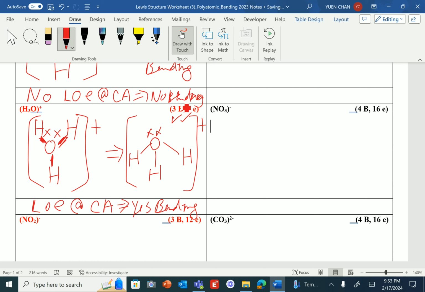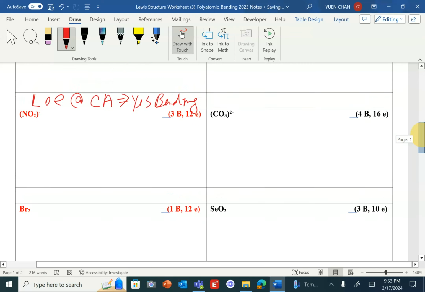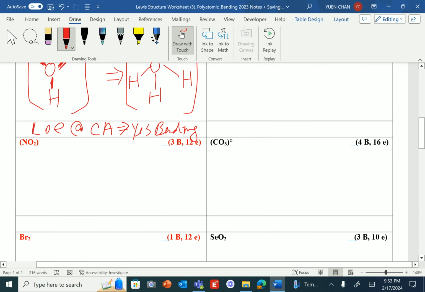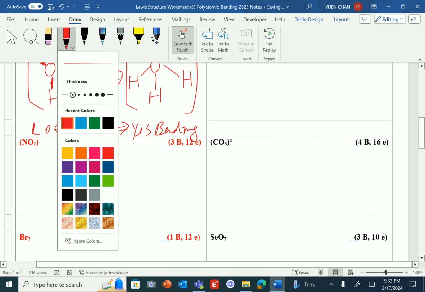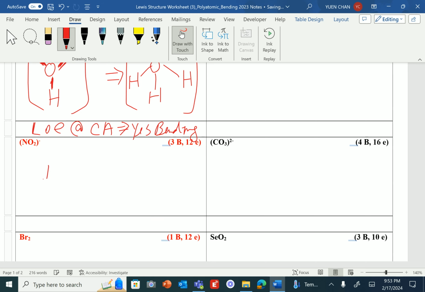Then let me go down to the bottom, which is NO2 minus. So we do have the central, which is the N. And then I have 2 O on the side. So it is a basic linear shape. Again, some people always start with NOO, and did not think about the central atom, which is wrong.